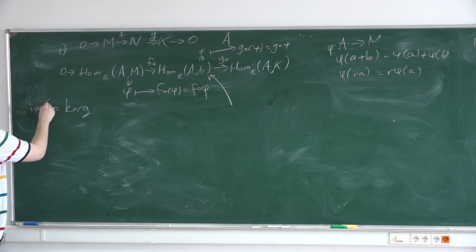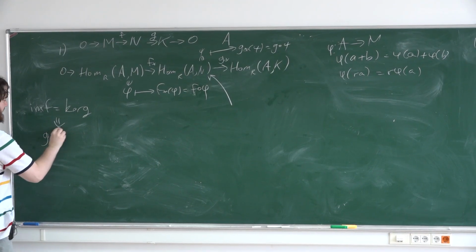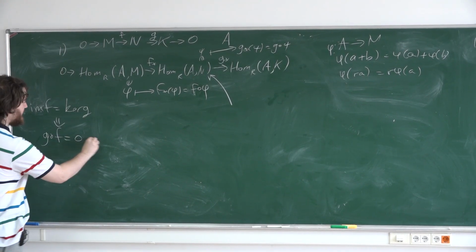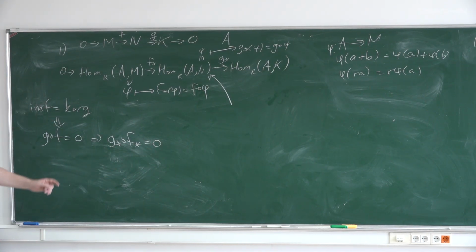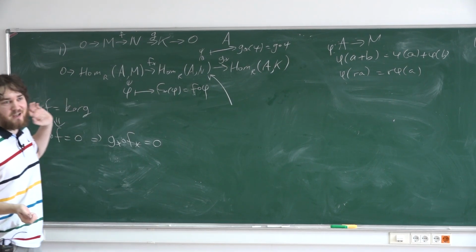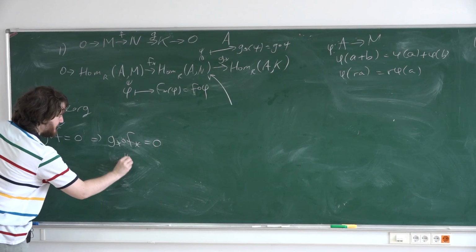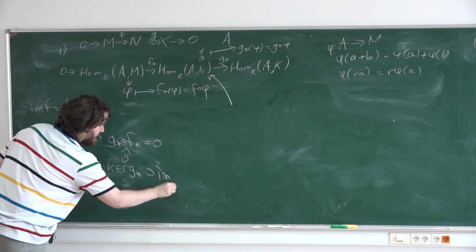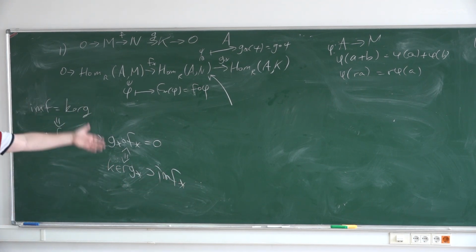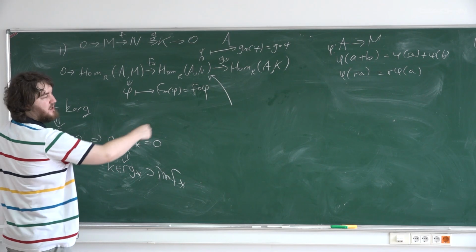This means that the composition GF is 0, and then, of course, the composition of stars is 0, because G star F star of phi is G F phi, and GF is 0, okay?